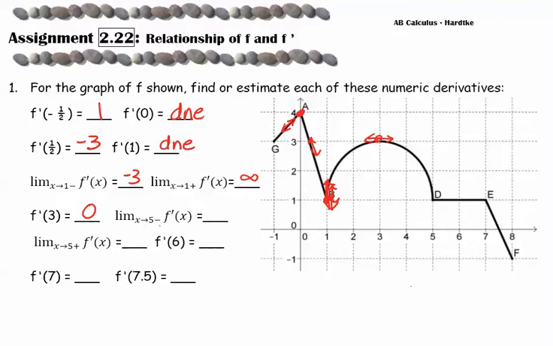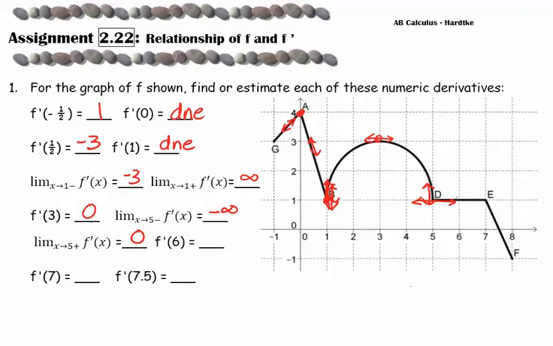And our left-hand limit as we approach 5, there I would say we're going to a vertical tangent again, but this time we're in a section where we've got negative slopes, so we would be going to -infinity. The right-hand derivative at 5 looks like it is a constant function, so a horizontal line has a slope of 0.